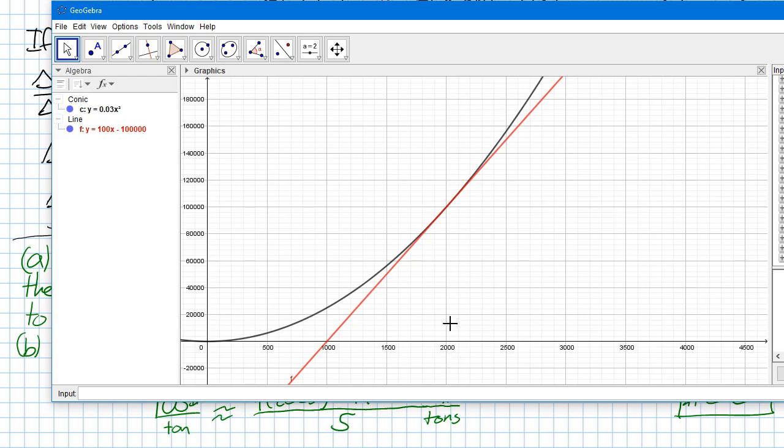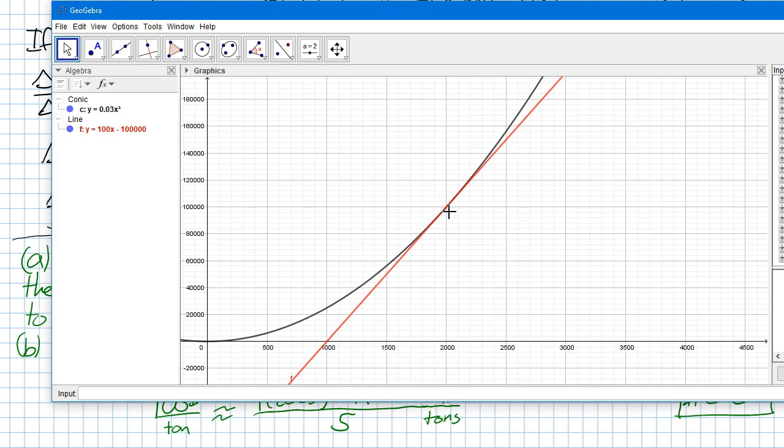It has the same point, f of 2000. This black curved one here is a parabola. f of 2000 in this case is equal to 100,000, and f prime of 2000 is 100. That's actually the slope at the point there.